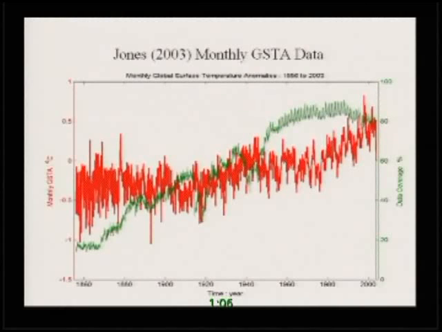The second period is from 1938-39 to 1945, that's the Second World War. During the war, people are busy doing other important things, killing each other. Nobody is manning the thermometer. So the data in these two periods are not as complete as other periods.